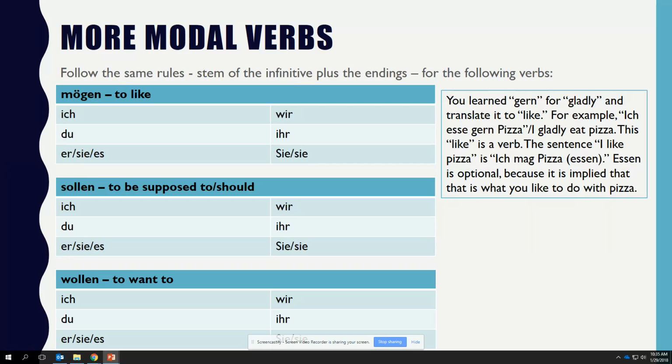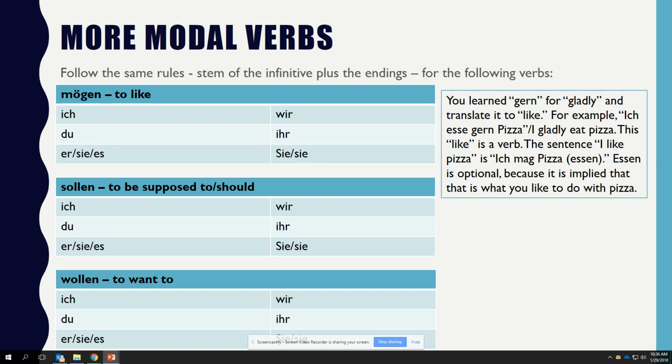For example, ich esse gern Pizza was I gladly eat pizza. This like that we're learning now with mögen is a verb. The sentence I like pizza is ich mag Pizza, or ich mag Pizza essen. Essen is optional because it is implied that that is what you like to do with pizza. So you can still use gern as you did before, or you can now use mögen.